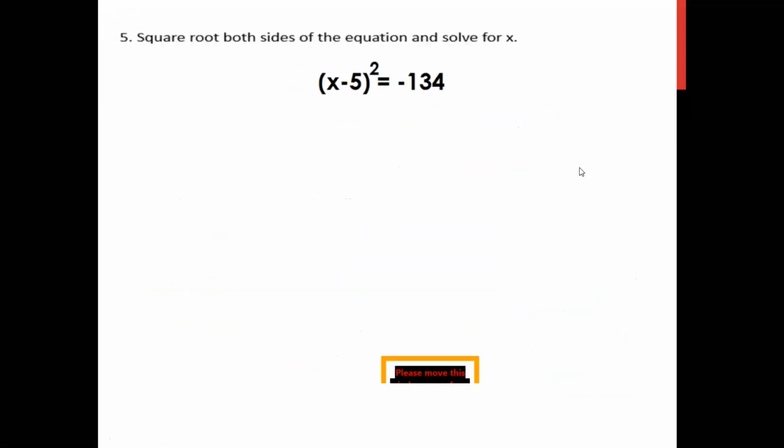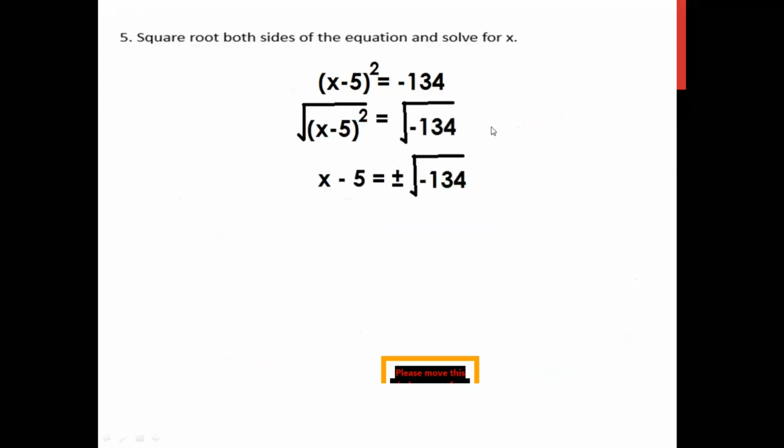Okay, let's proceed to get the roots. Use the square root property, square root both sides. We get x minus 5 is equal to positive and negative square root of negative 134. Negative 134 is not a perfect square, so we don't need to simplify it.